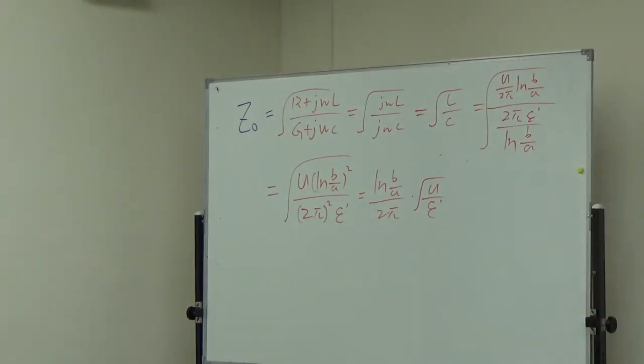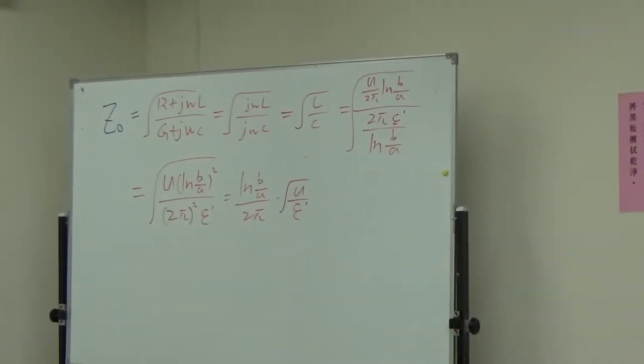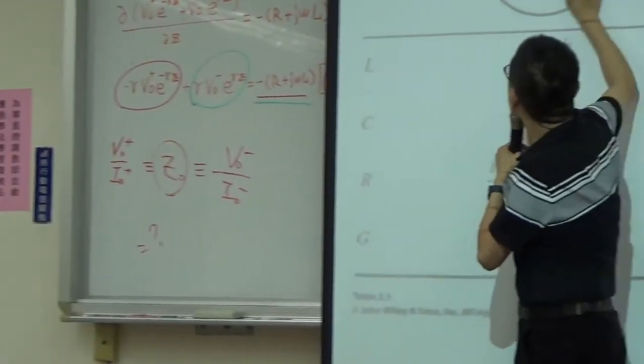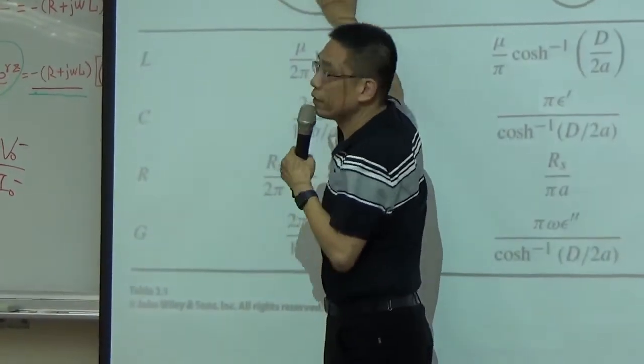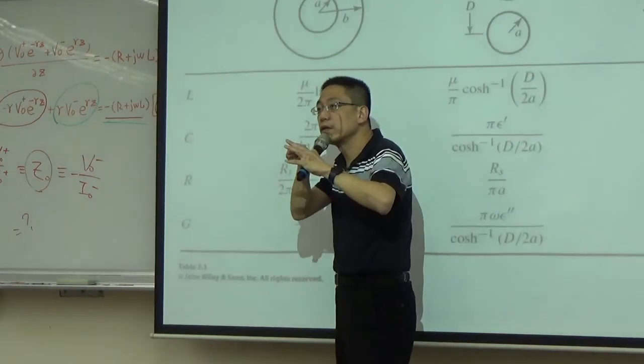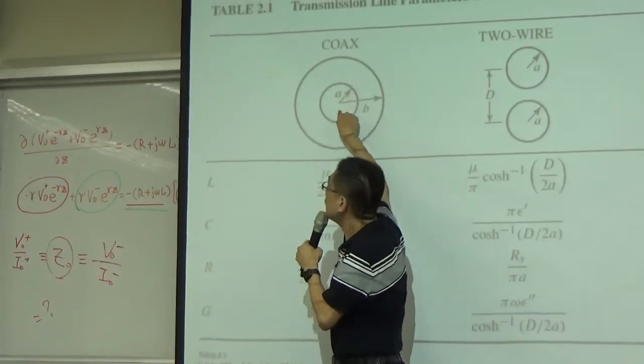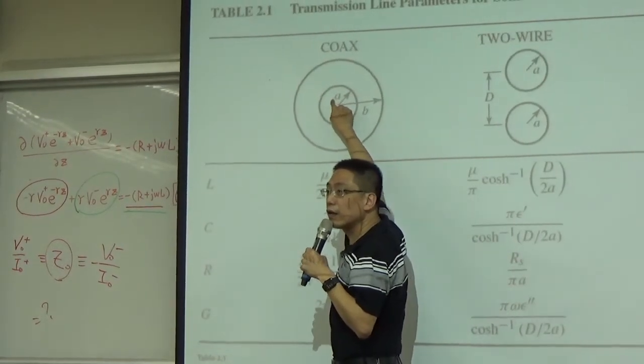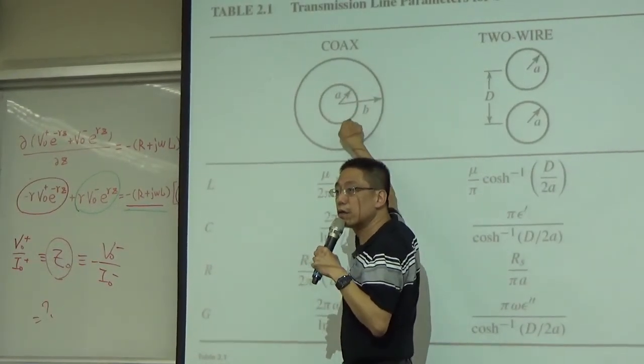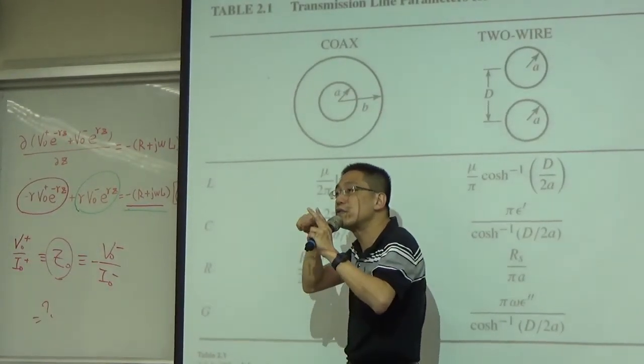Okay, if you have a coaxial cable, the cable has some material between two conductors. There's an inner line and the outer shell. There is something between them.